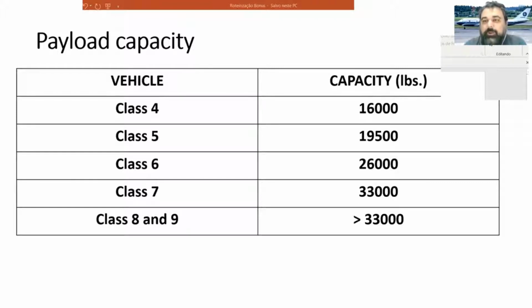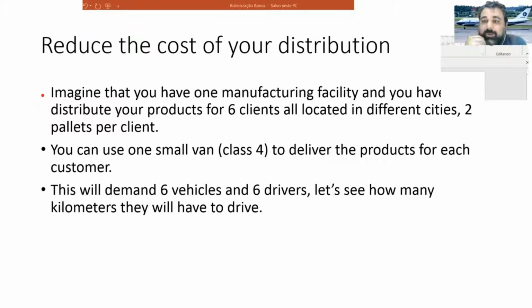It's usually more economical to transport using bigger vehicles, and this we can do even when you have small quantities to distribute to your customers. So let's give you an example.